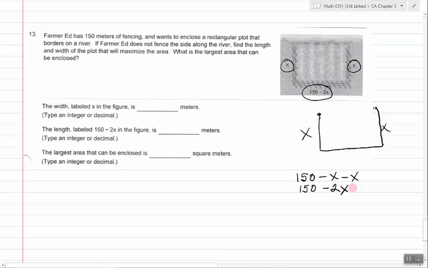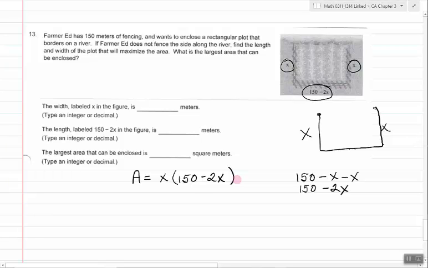Now, in this, I want to know the dimensions and the maximum area. This area is length times width. So it is X times 150 minus 2X. This would be like the width. This would be like the length.